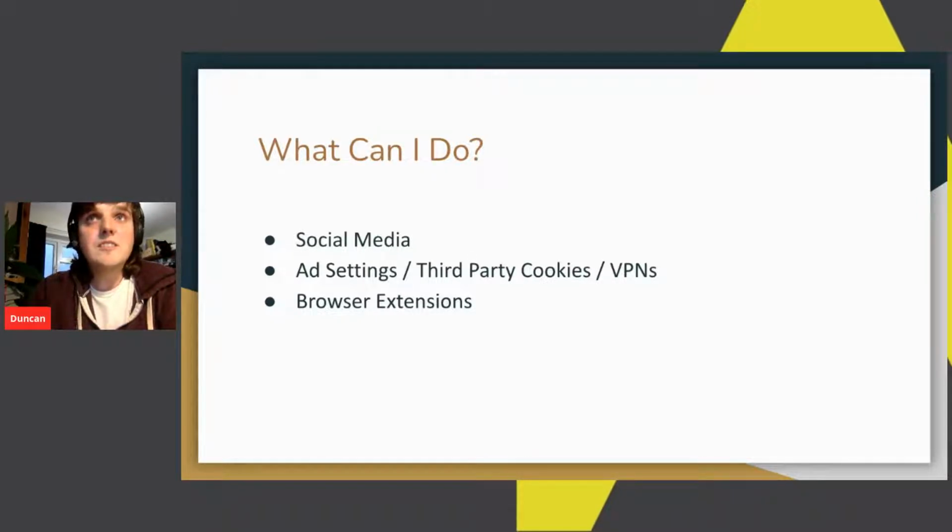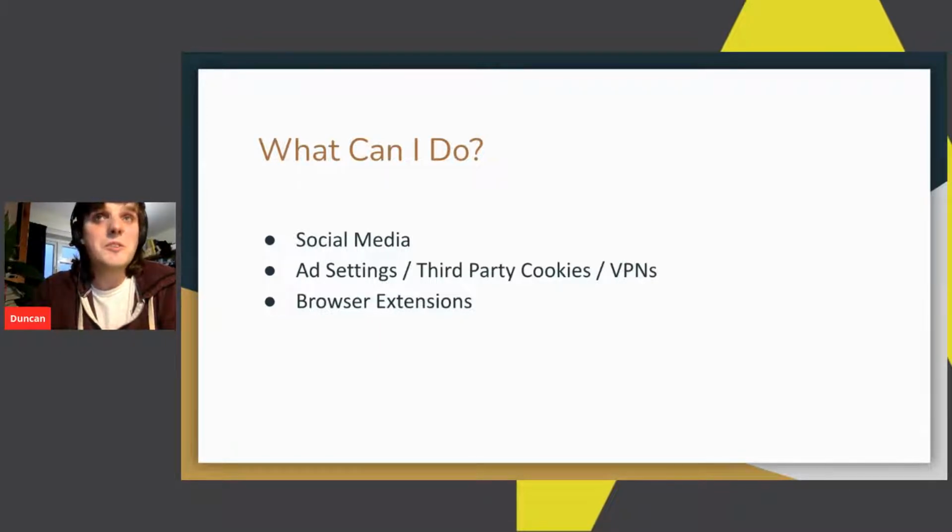There are some other things you could do. You could look at your ad settings, and when you're asked for permission with your cookies and things like that, there's usually an option to opt out of this personalized data gathering, to opt out of these advertising cookies.